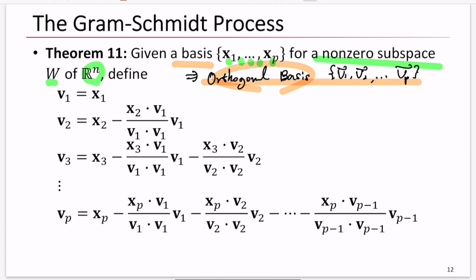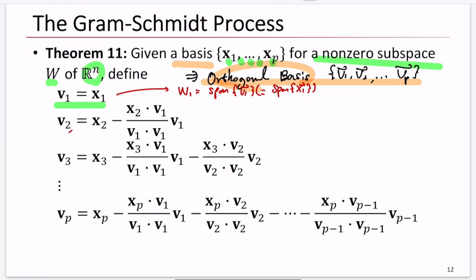So anyway, the Gram-Schmidt process aims to find the orthogonal basis. First of all, let's derive this one. Suppose that v1 is equal to x1. Then let W1 be the subspace spanned by v1, or x1, because x1 and v1 are equal.